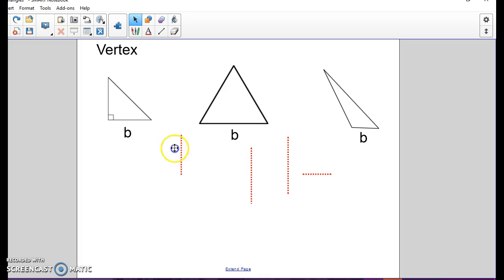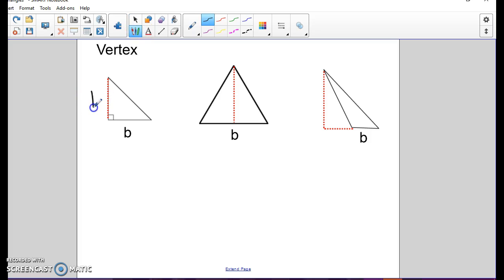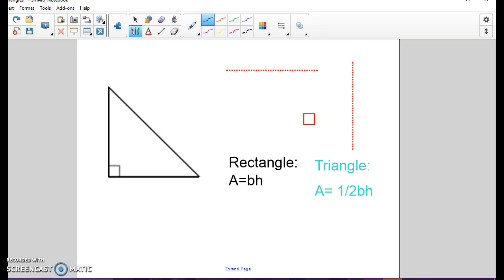And for this one, the vertex is going to be on the side. So this is going to be the height. This one, the vertex will be in the middle. And for this one, it is going to be off to the side, just like that. So now, this would be my height, this would be my height, and this would be my height. And then this from here to here will be x, but we'll get to that a little bit later.